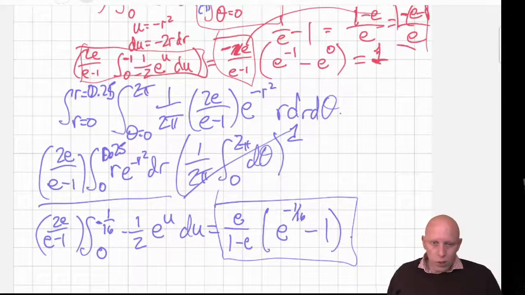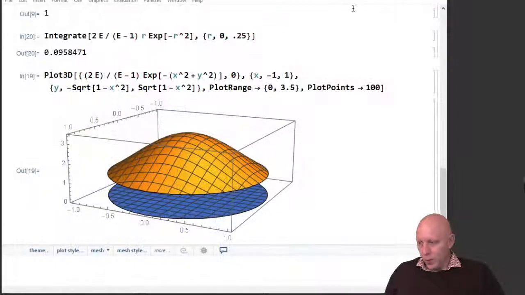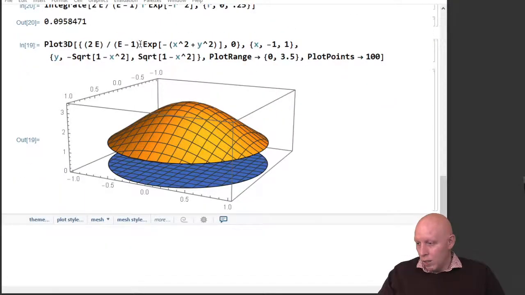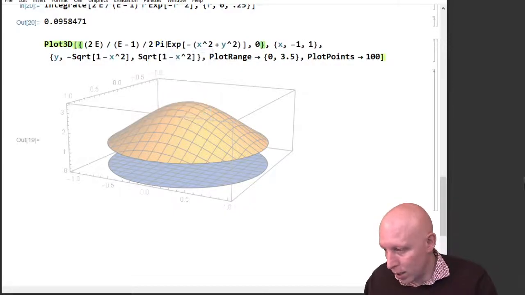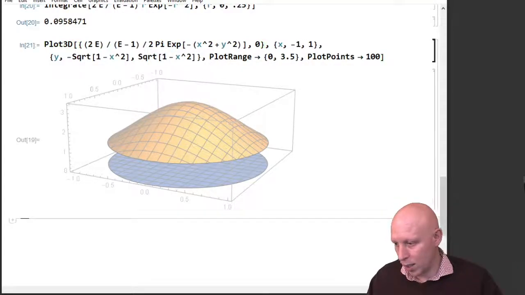I think I want to use Mathematica to get a much closer answer, and we'll see a little bit better what exactly is happening. All right, so let's go over to Mathematica. So we've got this function. Now I'll actually divide by 2 pi, and we'll look at that.